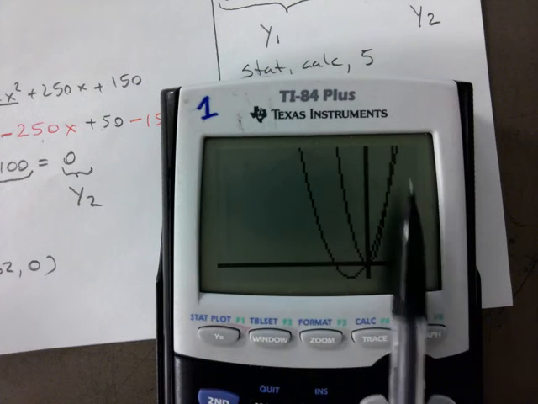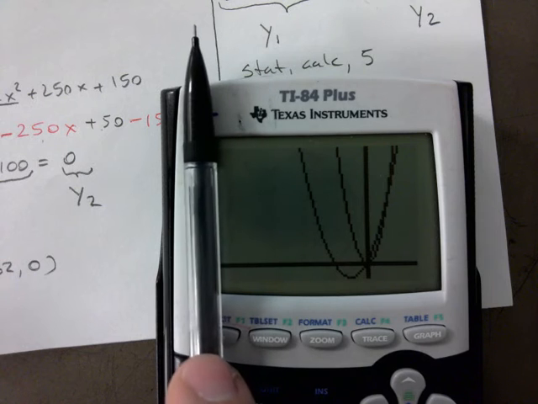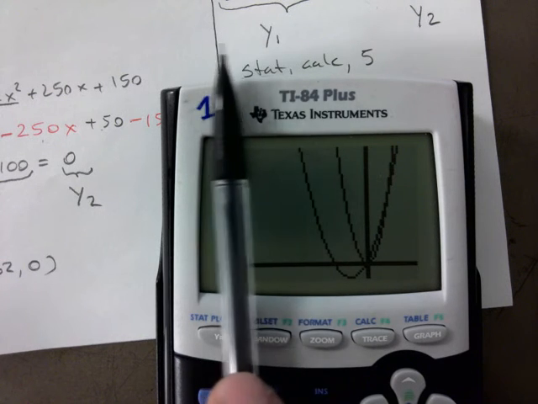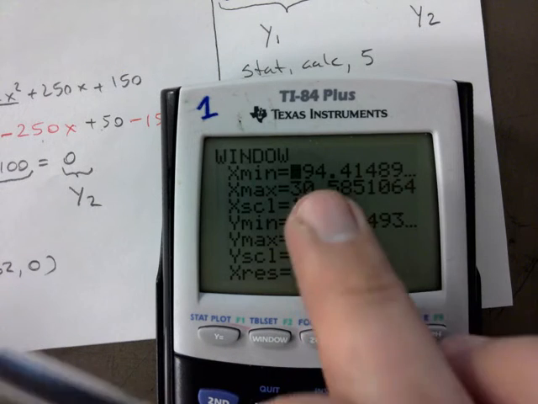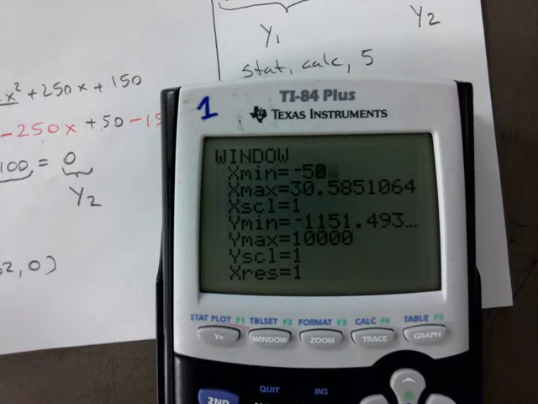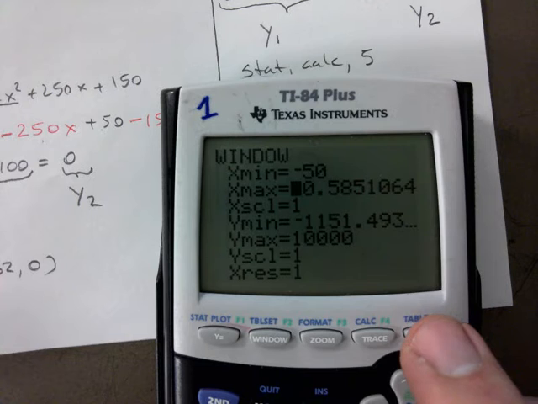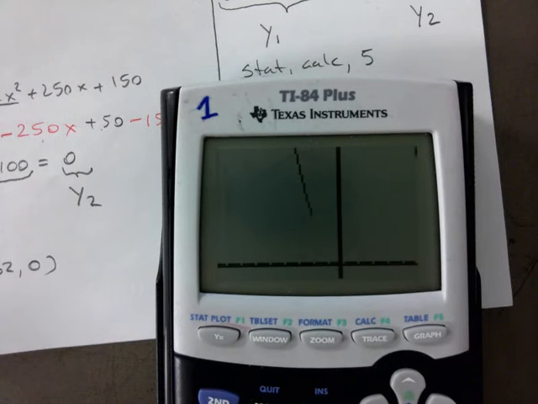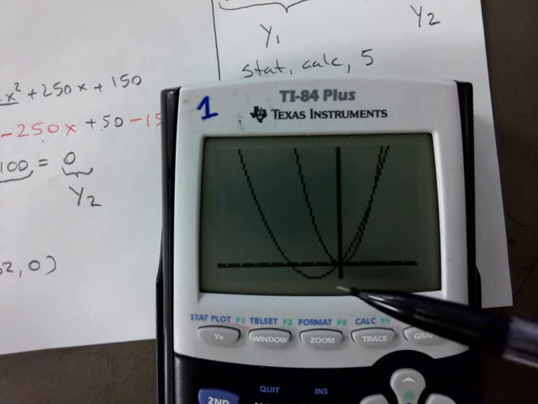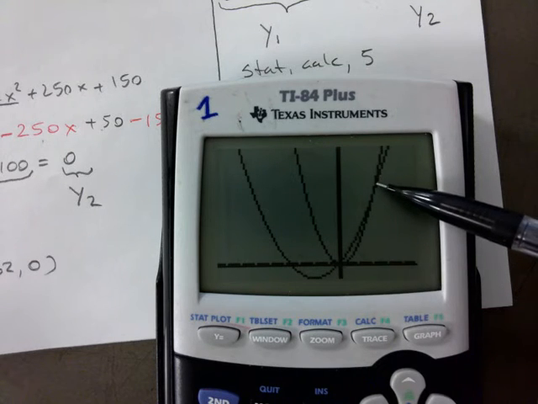That's why I can't see a whole lot of the graph. So I'm gonna bring it down to about half of what X min currently is. So window, I'm gonna bring it down to like -50. And then hit graph again. Do you see it now? Do you see how they meet here and there?